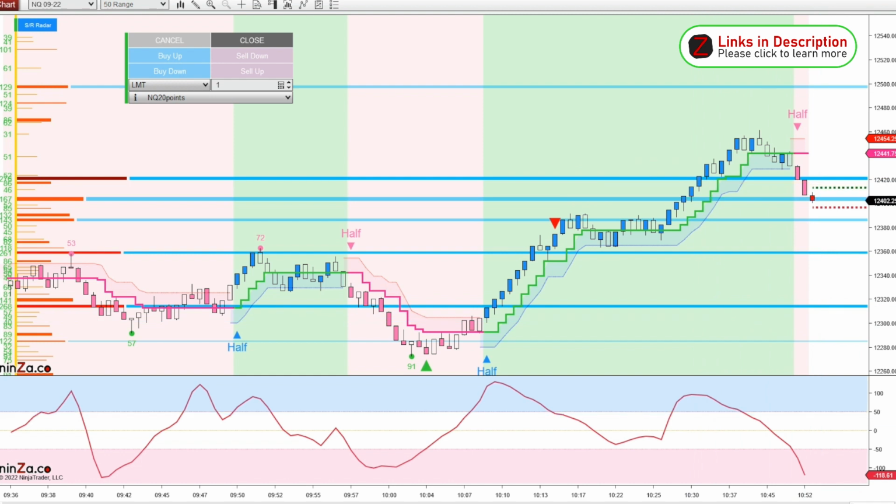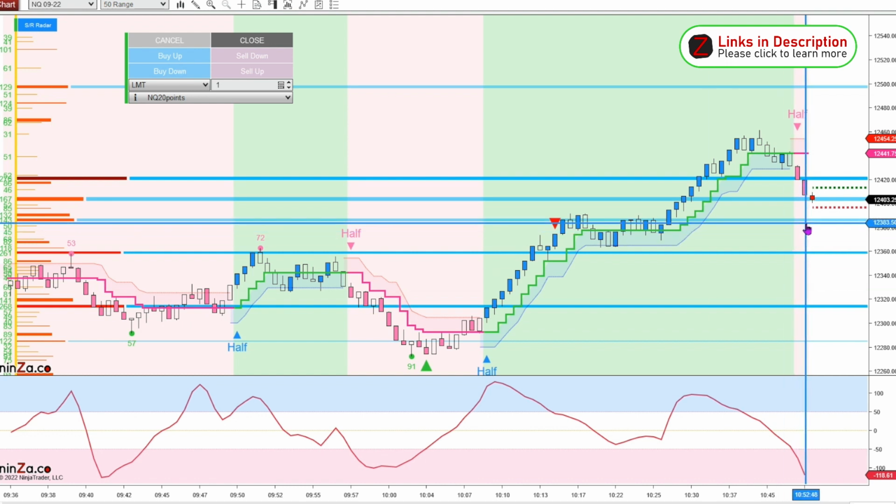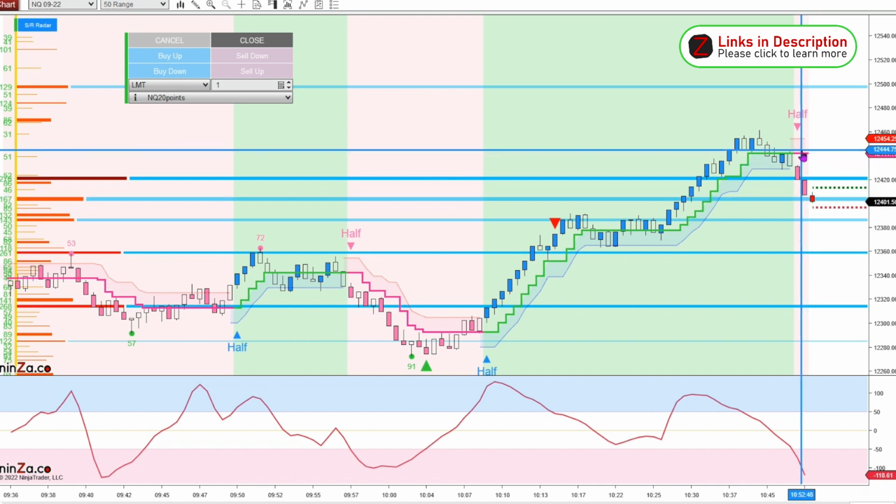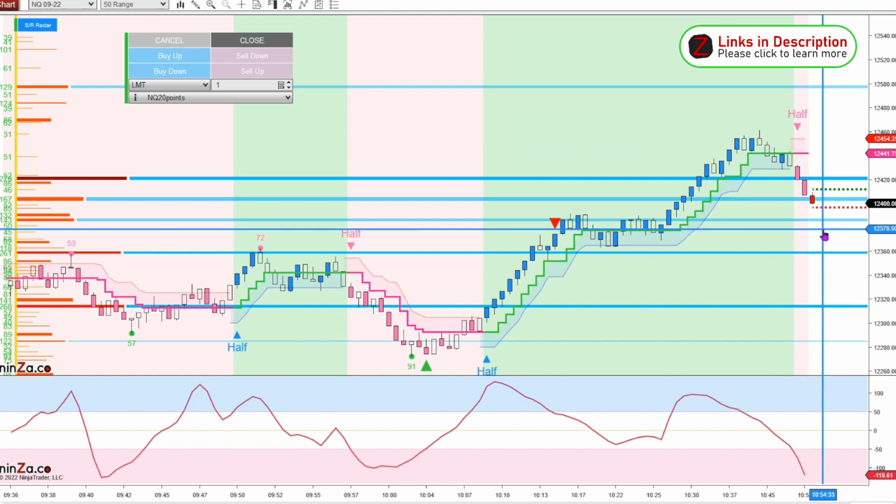That happened pretty quick. I got out at this first support and resistance line. I would have moved my stop to right above these highs here and this half trend line.